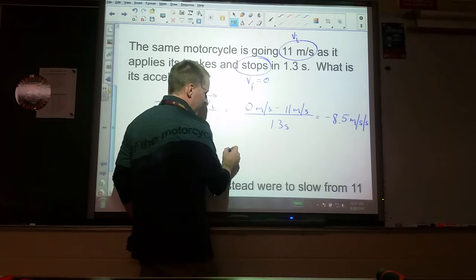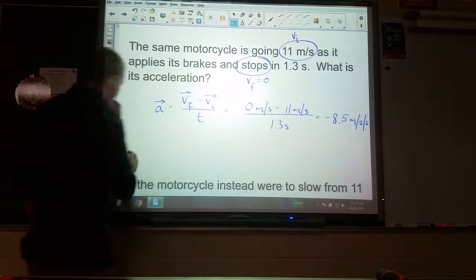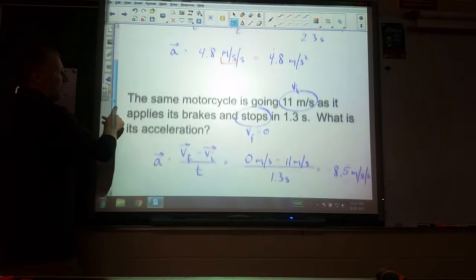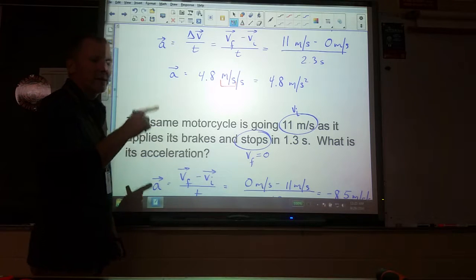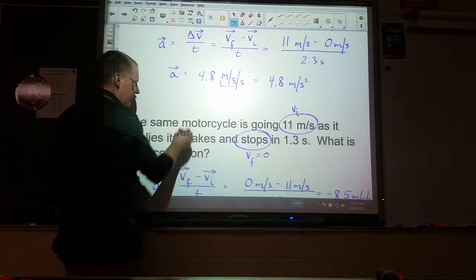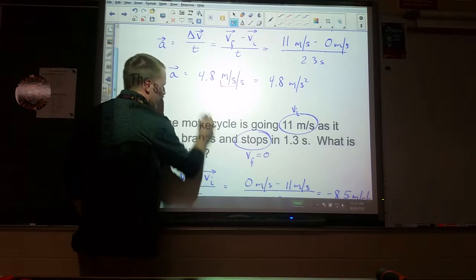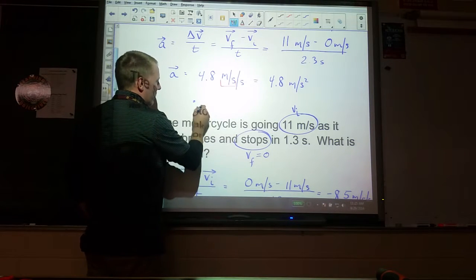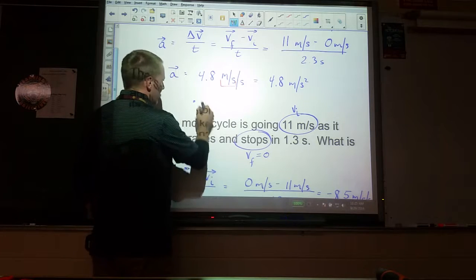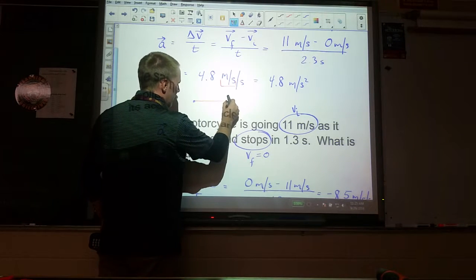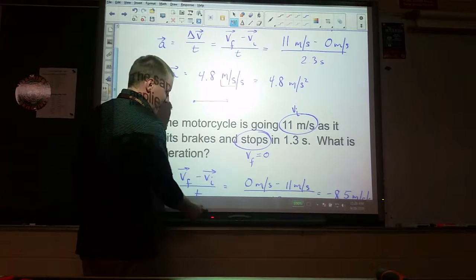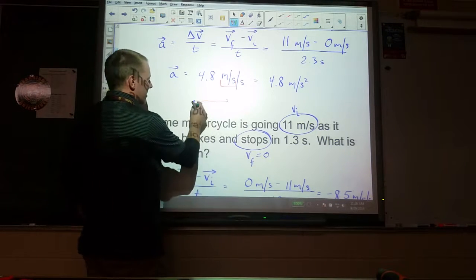So think of how these vectors add. Acceleration is the vector that causes velocity to change. So if we have our initial velocity up here of 0, and we're changing to our new velocity of 11 meters per second, acceleration is the thing that's got to get us there.